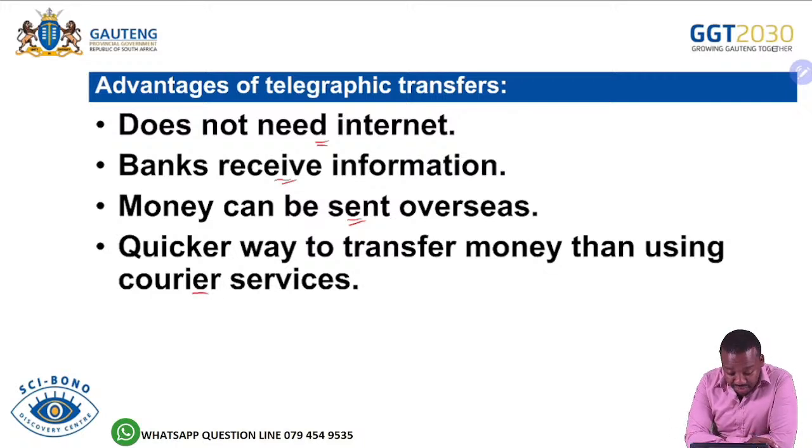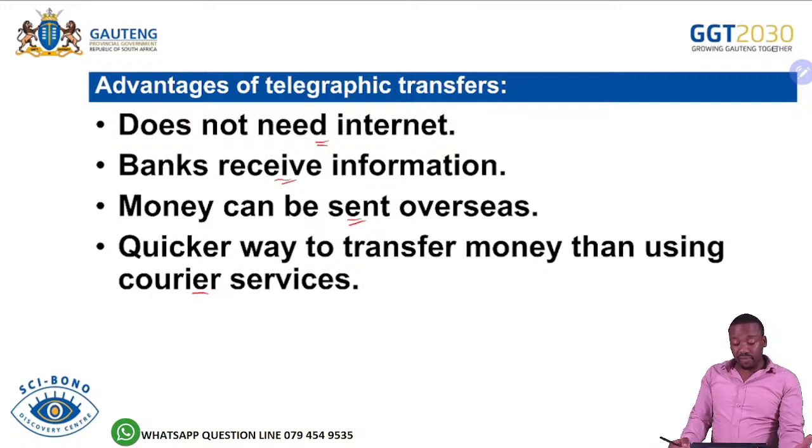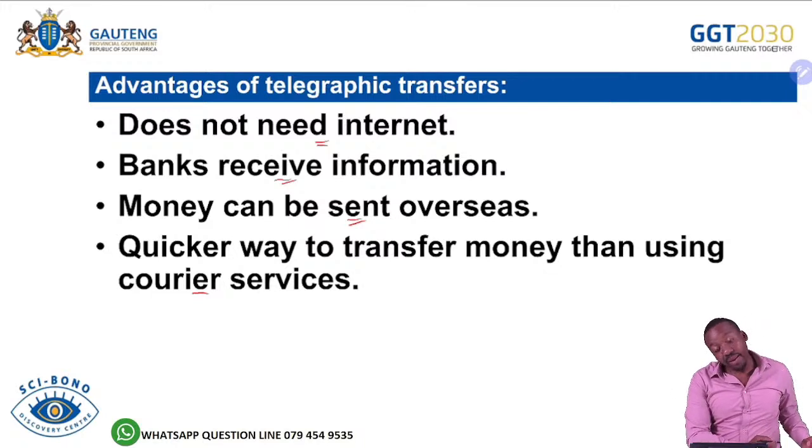To recap: you don't need the internet, it is safe as the bank receives the information, you can send money overseas, and it is a quicker way to transfer money than using courier services. Please add at least 3 advantages, because it is unfortunate that we never know which payment method they can possibly ask us about in our final exams.